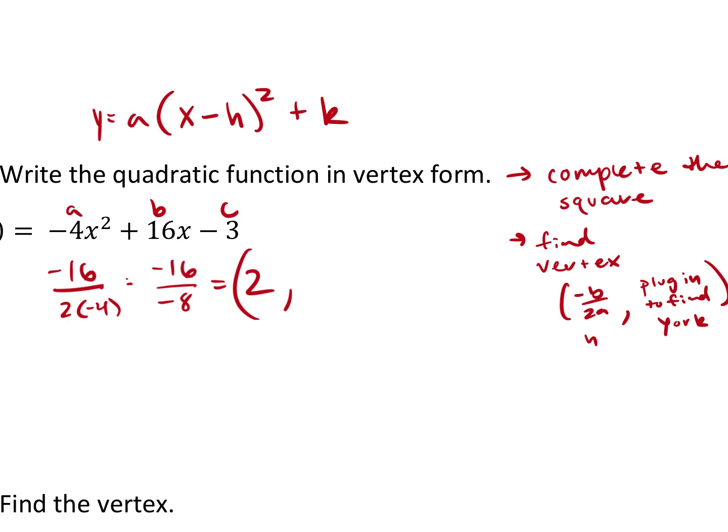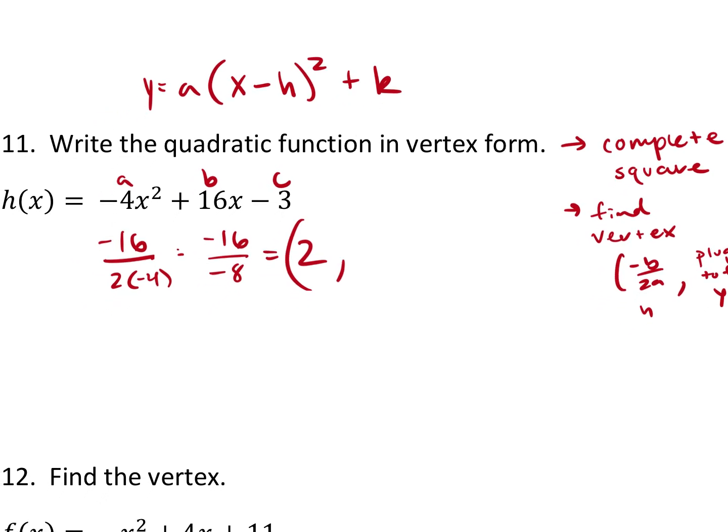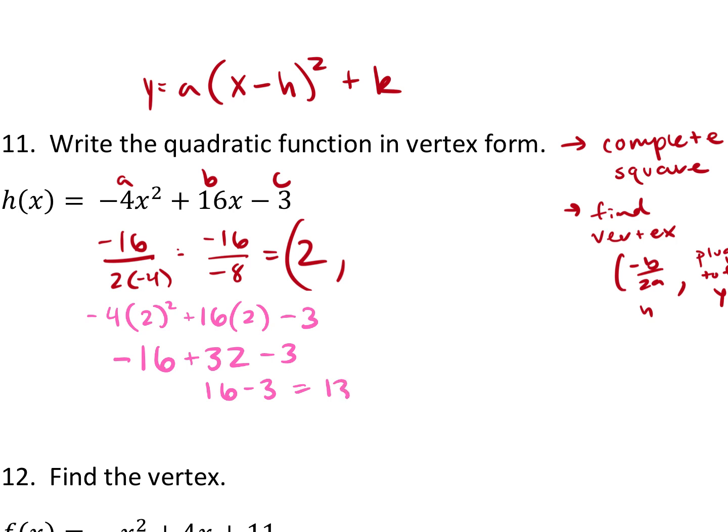We plug it in to find the k. So I have negative 4 times 2 squared plus 16 times 2 minus 3. So this would be negative 16 plus 32 minus 3. 16 minus 3, which is 13.